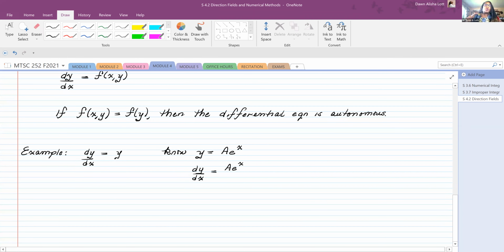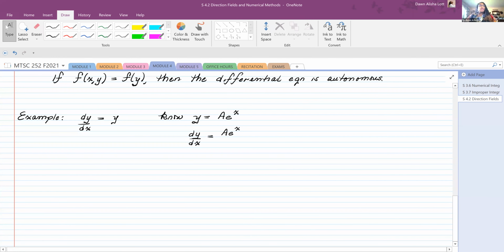So the way you draw a direction field, what do you know? So given any, let me start again. Given any function y of x, what does dy dx represent? What does dy dx represent?